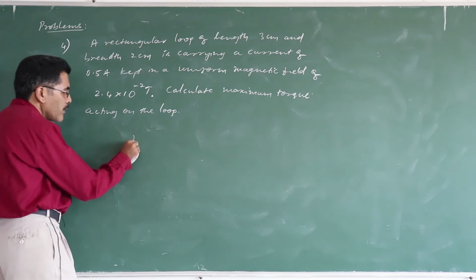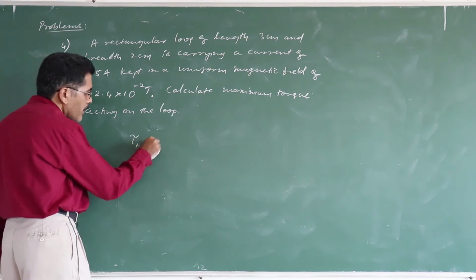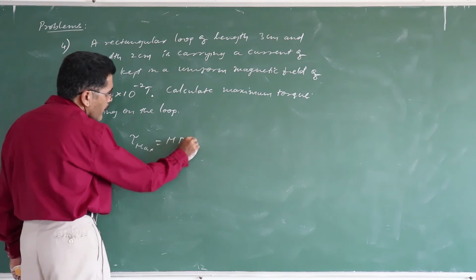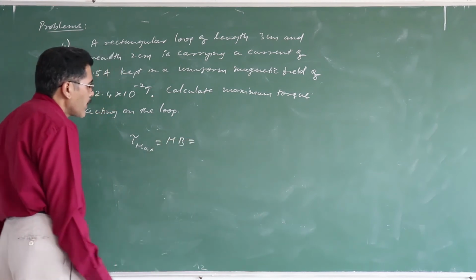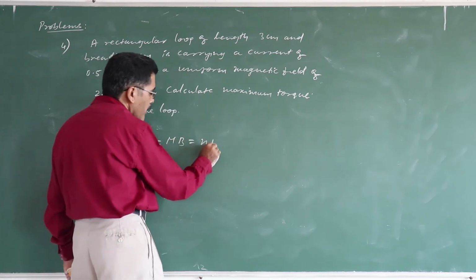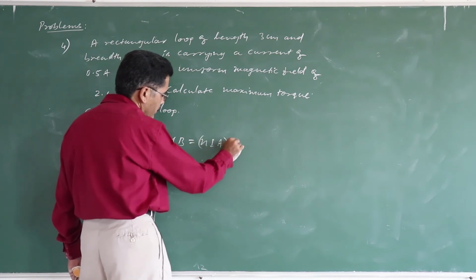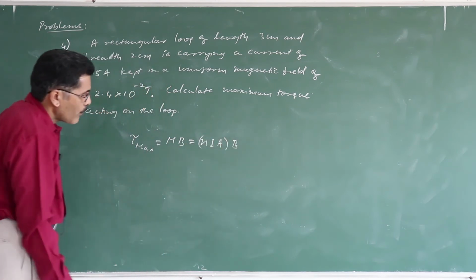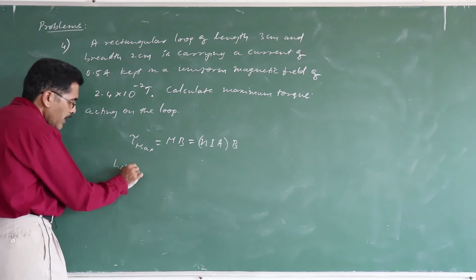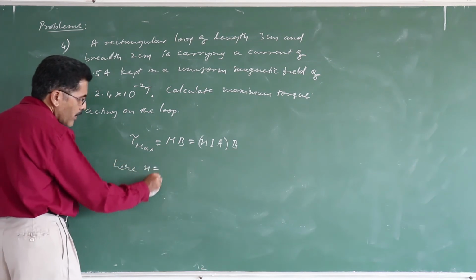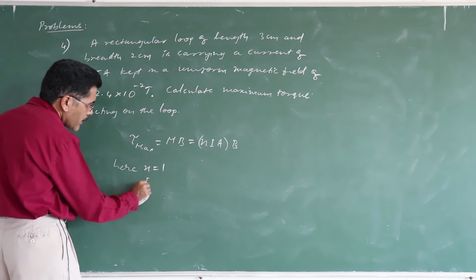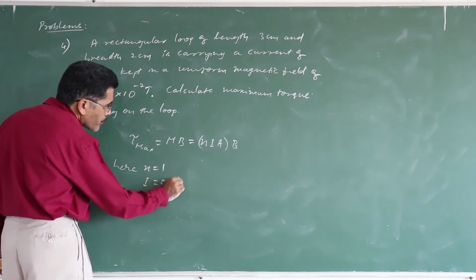See, torque acting on the loop is given by M into B. What is M into B? N into I into A into B. Here only one loop. Here N is equal to 1. I is 0.5 ampere.